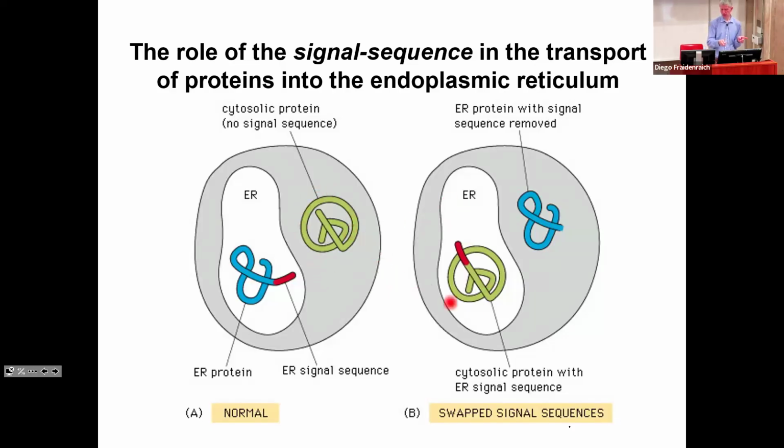And now you see this protein, which is normally in the cytosol, can be found in the endoplasmic reticulum. So again, you add the signal sequence, and that makes the protein go into the organelle. There's not any other feature on the protein that is needed for this import. It's just the signal sequence.